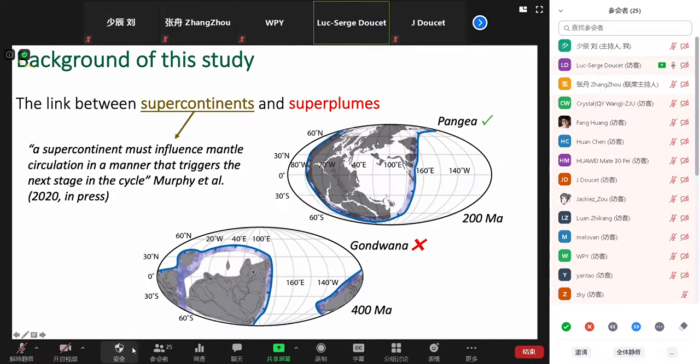Some people think that Gondwana was part of a Pangaea supercontinent, but we don't have any paleomagnetic evidence for that. My understanding is Gondwana was not big enough to influence the mantle. In geodynamic modeling, you need a critical mass of continent assembled to trigger the subduction girdle and the degree-two antipodal superposition.